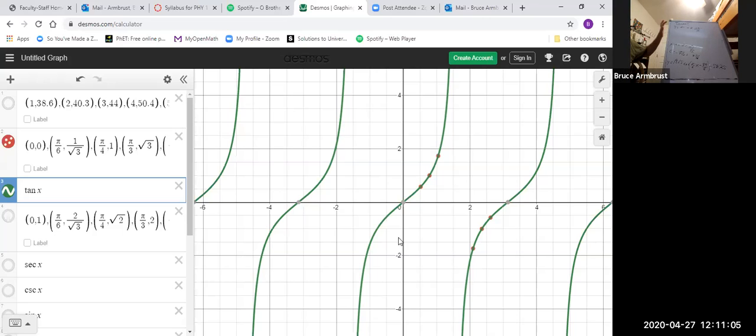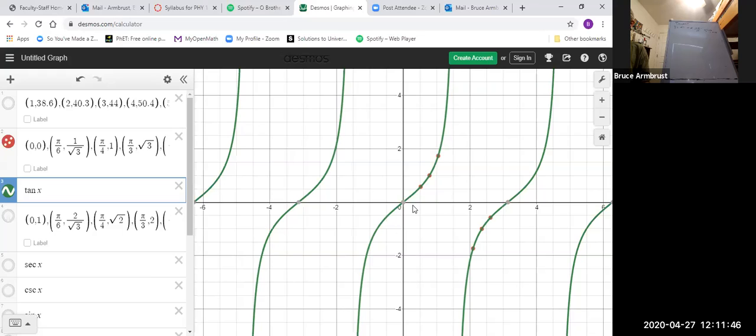I wrote up here for tangent that the domain is all x not equal n pi over 2, where n is odd. So we have a problem at the odd half pi's. I know that window is really tiny, so you might not be able to read that, like if you're on a phone or something. I'll come to this board and make it bigger in a minute. But we have domain issues. Other than those odd half pi's, we're good.